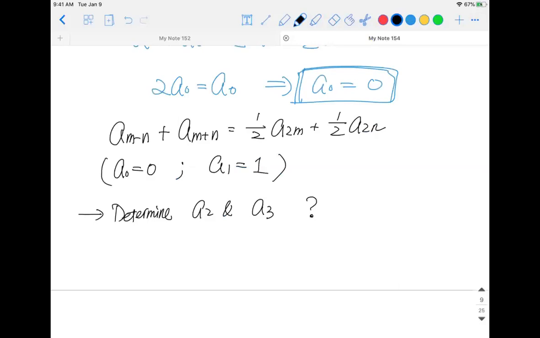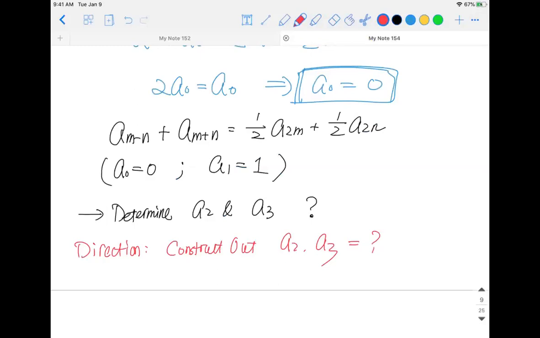So my big direction is to construct A2 and A3. As long as I have A2, A3 in my equation, I might be able to dance with it and figure out the value. But how can I construct A2 and A3?